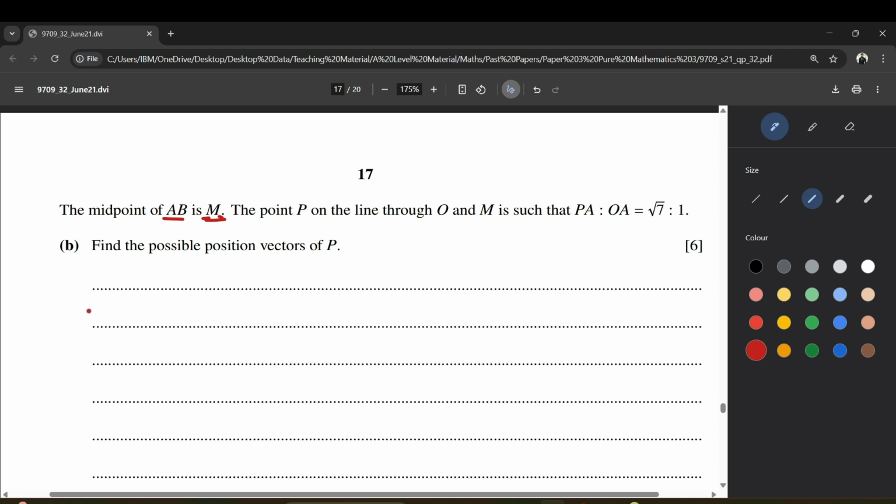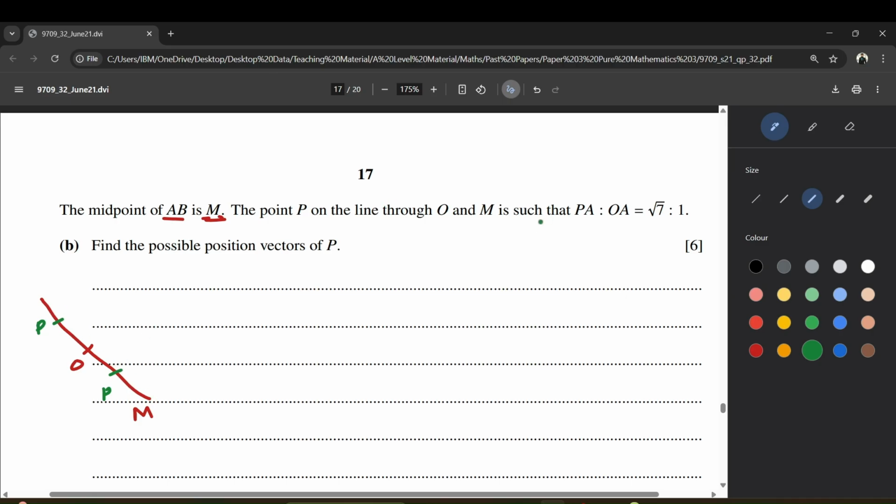Let's say if this is a line and this is O and this is M, P lies somewhere over here, or it could be over here. So it could be between O and M or somewhere else, because we don't know that exactly. But if a line passes through O and M, P is somewhere on that line.